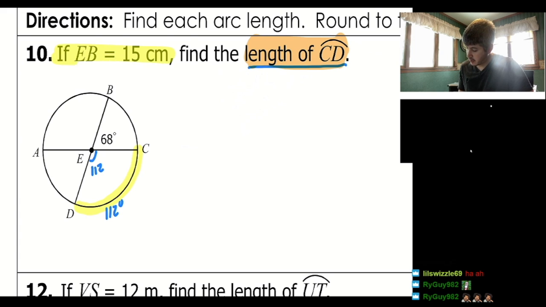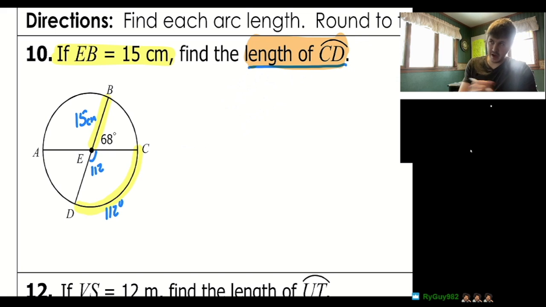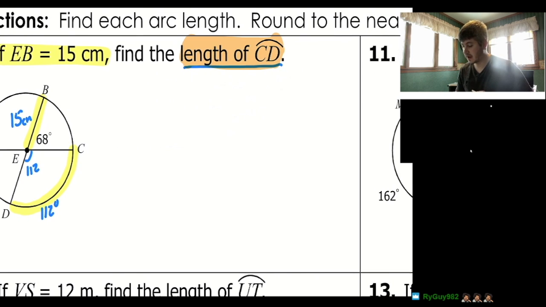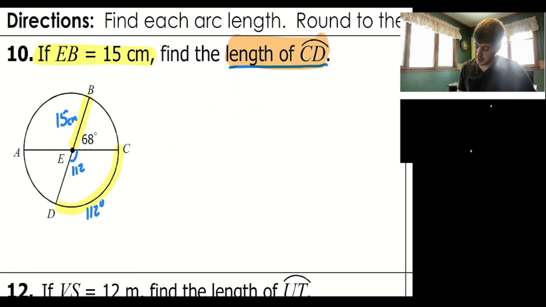So what we want to do now is plug into the formula. We also know that EB is 15. Where's EB? EB right here is 15 centimeters, which is good. That's the radius of the circle. That's what we want because that ties nicely into 2 pi r. So we're going to leave that 15 centimeters right there. I'll write out the formula: x over 360 times 2 pi r.